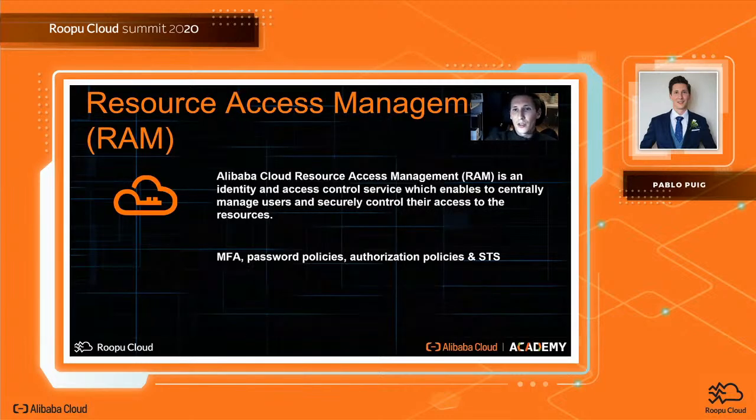Let's continue with the RAM, the Resource Access Management. This is probably the main or the most used service in Alibaba Cloud, together with the ECS instances. So RAM is an identity and access control service which basically enables you to centrally manage your users.